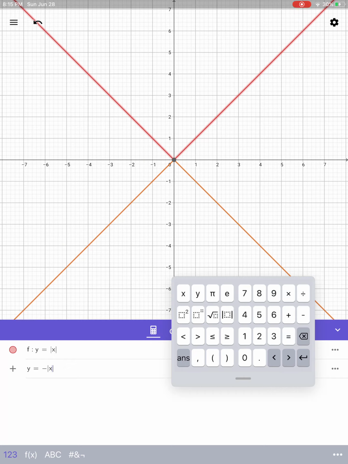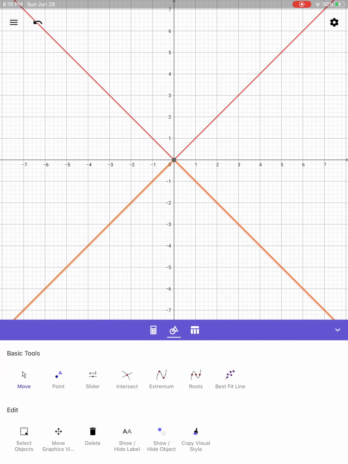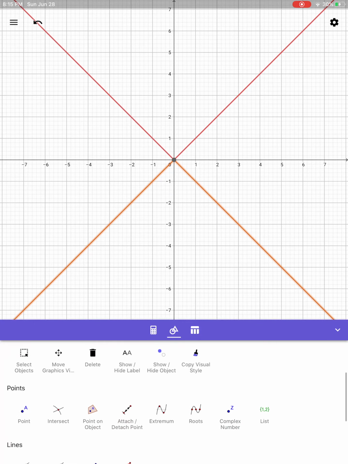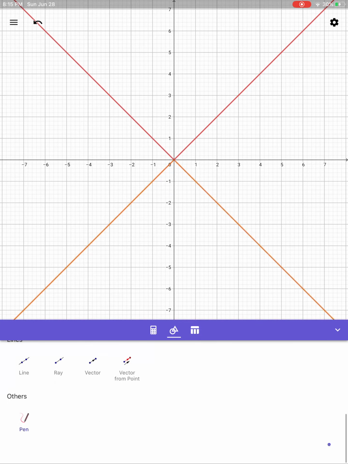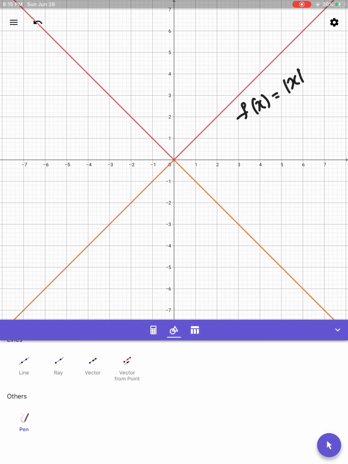You can see the original graph, the graph in green, is above the x-axis, and the graph in orange is below the x-axis, so it is a reflection. So this is f of x is equal to absolute value of x, and this is f prime of x, or this was f prime and this is f.